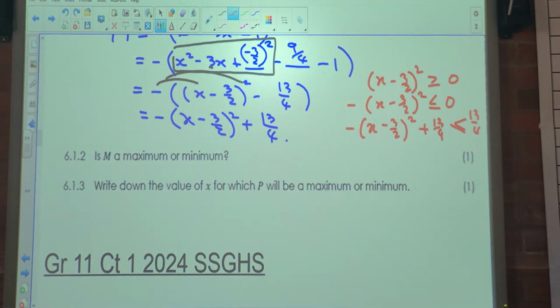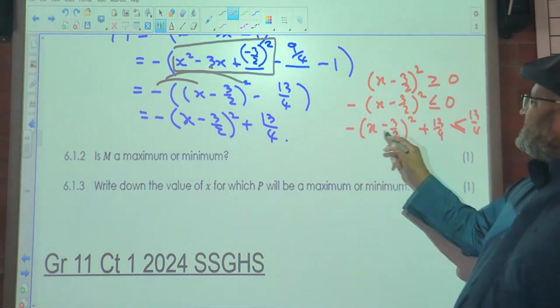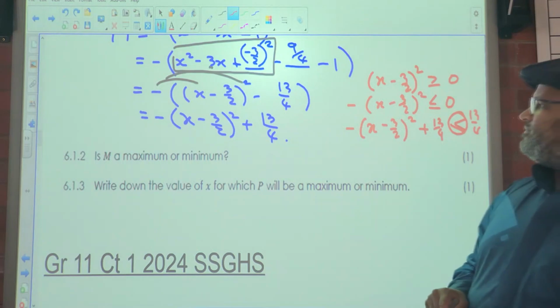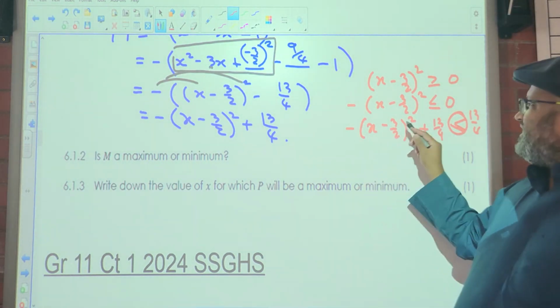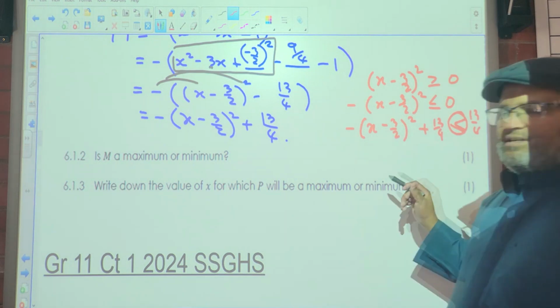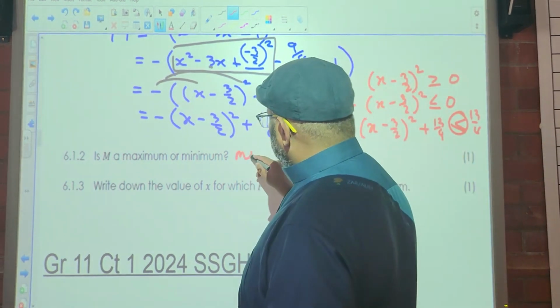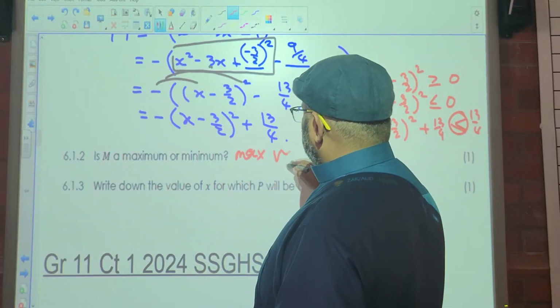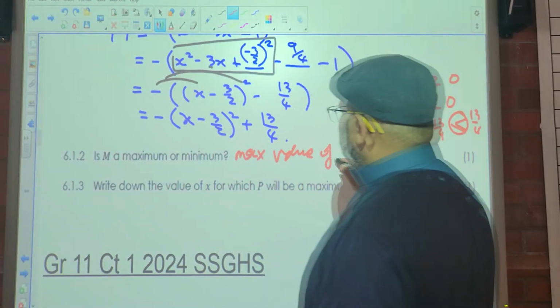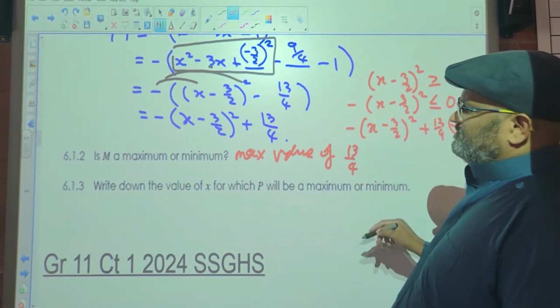Not so? So what does that tell us? That this graph actually has a maximum value. Okay? Because everything else is less than that. Maximum value of 13 over 4.